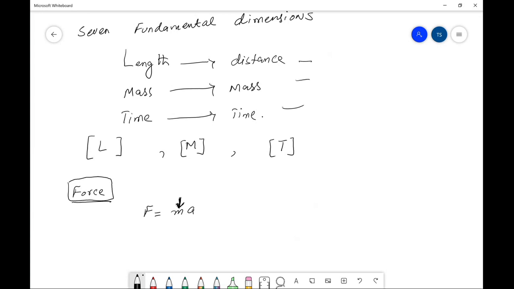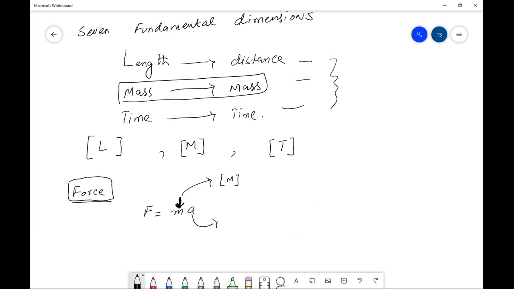If not, then we will go further down, checking this one. This lies in here, so we're not very worried. We will just replace that with this when doing dimensional analysis. However, this one does not, we're not able to find in here, so it is acceleration.